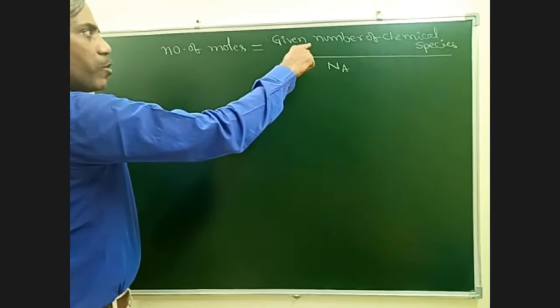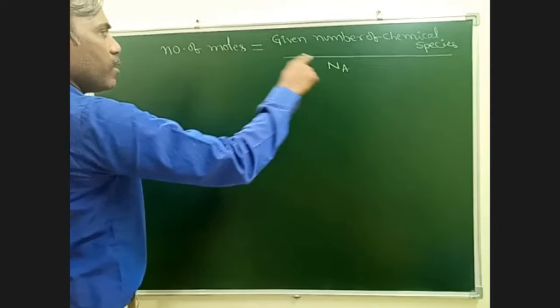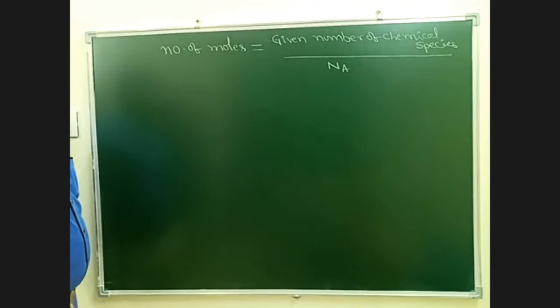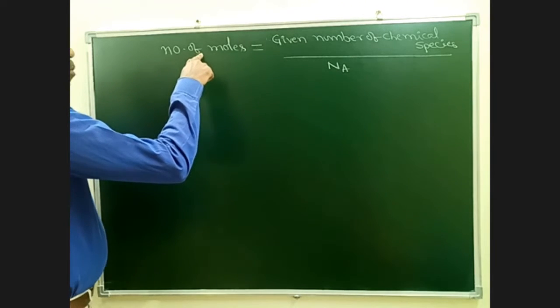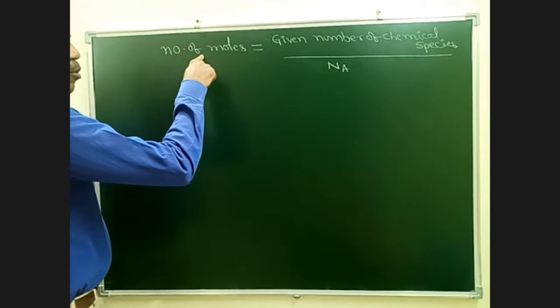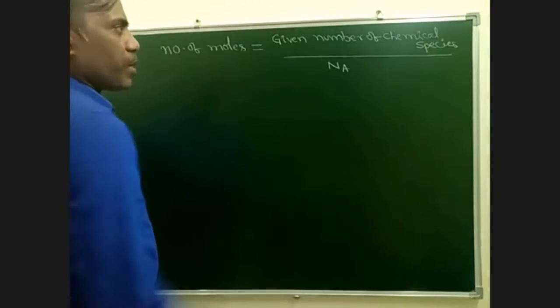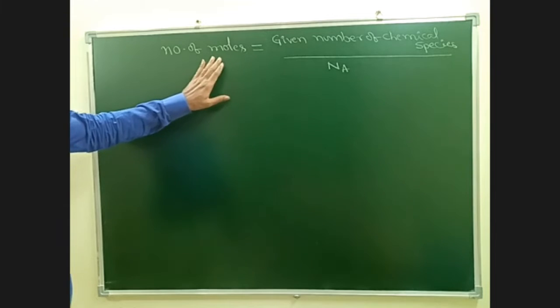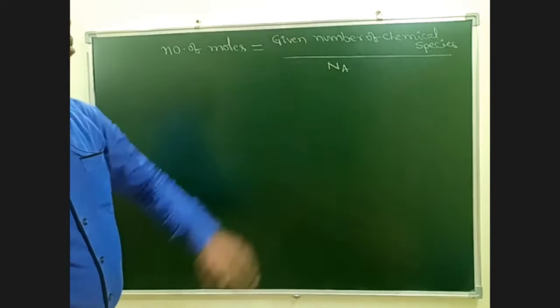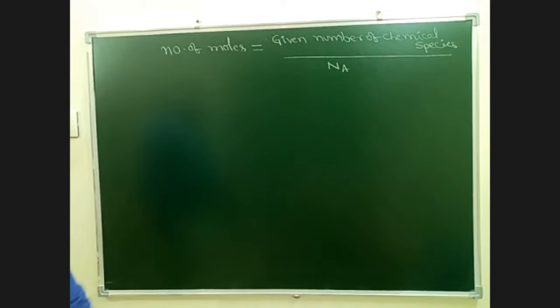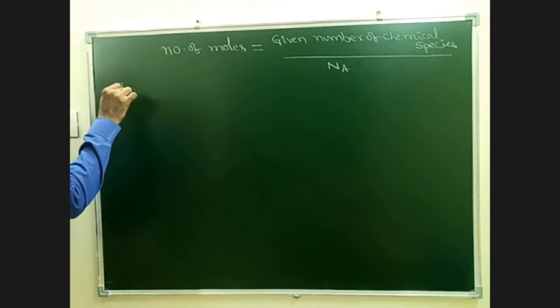I repeat, by knowing number and Na, we can determine number of moles. By knowing mole and Na, we can figure out number of chemical species. Now, based on this formula, let us do some problems.